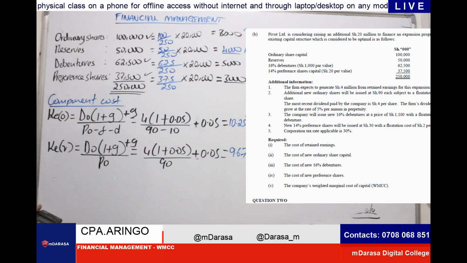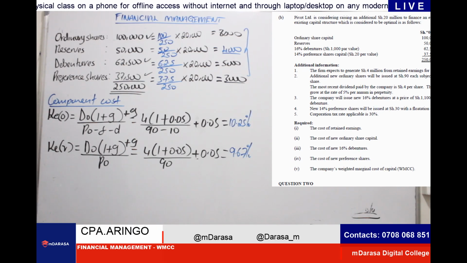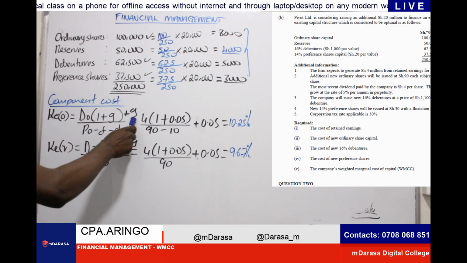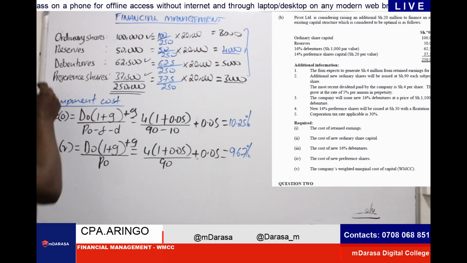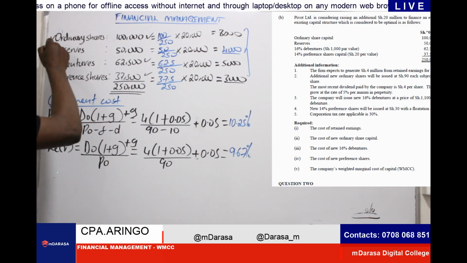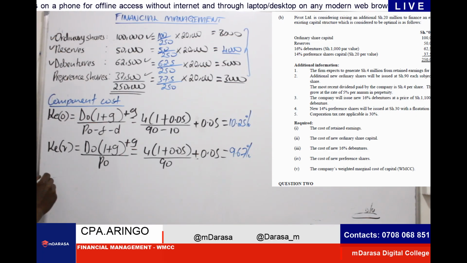So we have determined the cost of equity retained earnings and the cost of ordinary shares. Recall, we must always consider plus g. Once we have that, we are done with these costs, so we go to the debentures. These are debt.